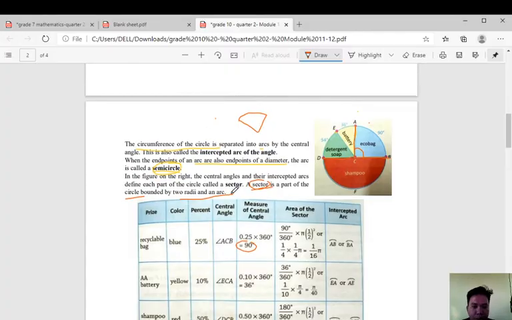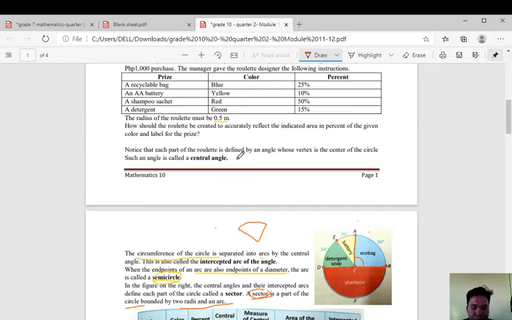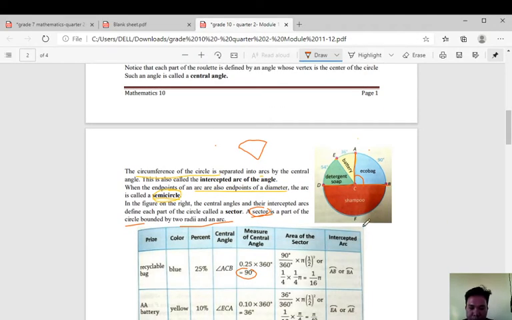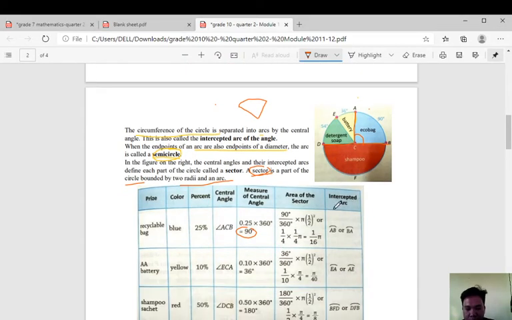Since our r is equal to 0.5, so it is equal to 1/2. So it will be 90 over 360 degrees equal to 1/4 times 1/4. Since 1/2 to the power of 2 is 1/4 pi, then the answer is 1 over 16 pi. So this area here is equal to 1 over 16 pi.